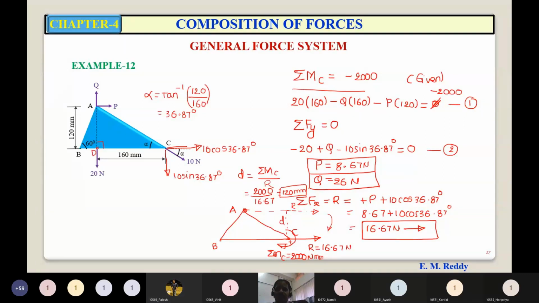So by the principle of transmissibility of forces, you can transfer this resultant along the same line of action to point A, because it is given that this distance is 120. So the point of application of the resultant is A.